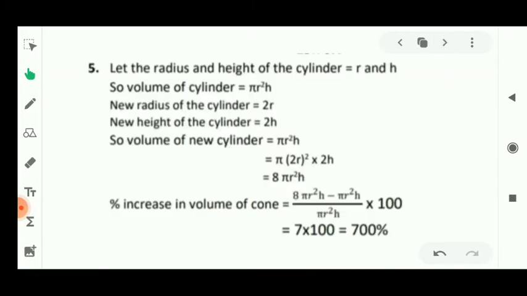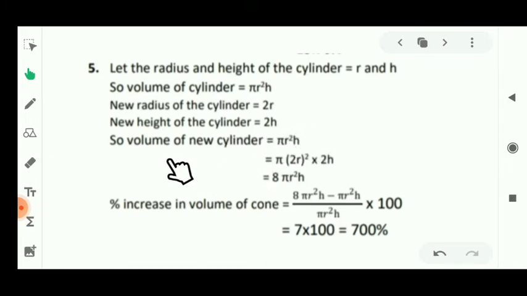Let's see the solution. Let radius and height of the cylinder be r and h. Then what will be the volume of cylinder? As you know, the formula is pi r square h. Now according to the question, the new radius of cylinder will be 2r, because the question clearly told you to double the radius and height, that means new height will also be 2h.